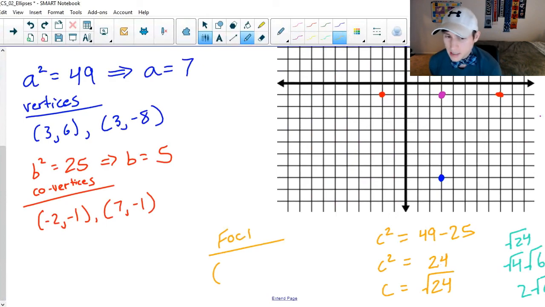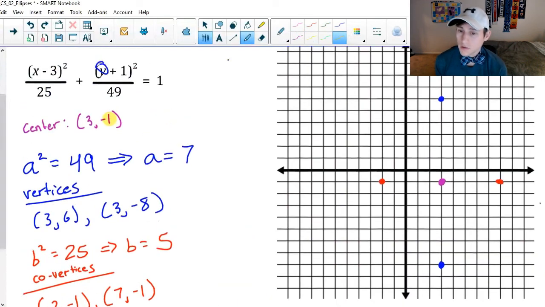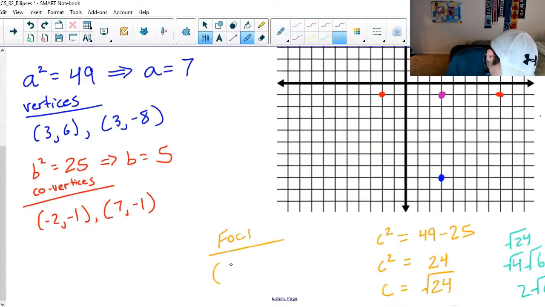So again, I'm asking myself, should the foci go up and down from the center or left and right? Well, this is a vertical ellipse, so the foci should always be in line with the vertices, right, along that main axis. So in this case, the main axis goes up and down. So the foci will also move up and down from the center. So I'll keep my x value the same of 3. The center starts at -1.